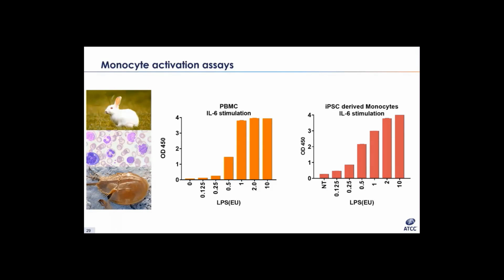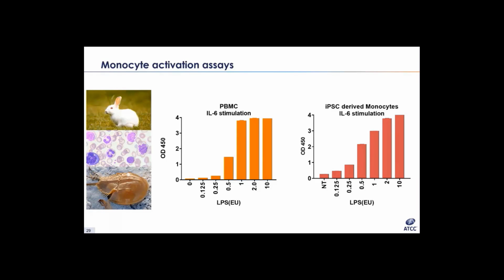In the panel on the left, we show a mix of PBMCs. They're ATCC, actually, part number PCS-800-011. And on the right, we show ATCC iPSC-derived monocytes. Both are treated with increasing concentrations of LPS. LPS is a lipopolysaccharide. It's a bacterial cell wall component, and it's highly immunostimulatory.